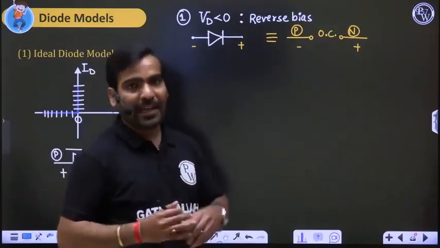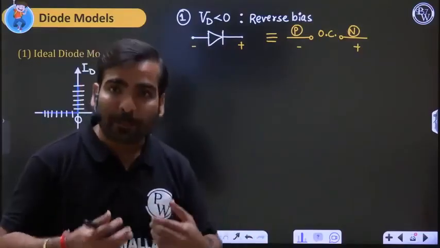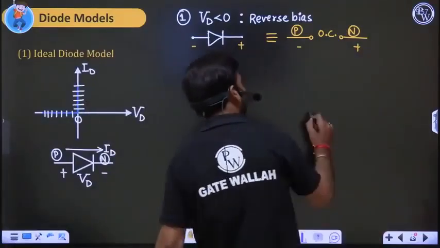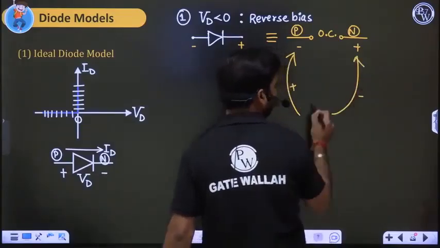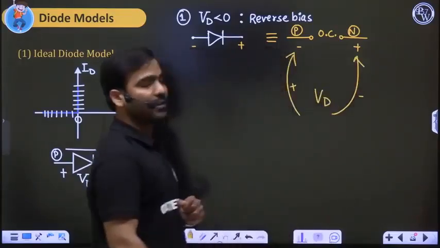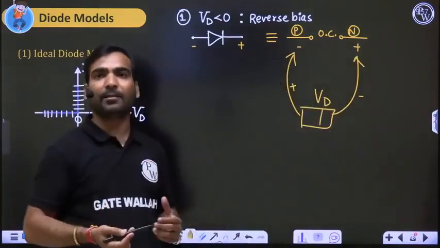Reverse bias means N side potential is high compared to the P side. Or we can say, if we are measuring like that, suppose I am applying the multimeter pins like that, positive pin of the multimeter, negative pin of the multimeter, that I am telling is VD. And this VD in the multimeter we will see is negative.